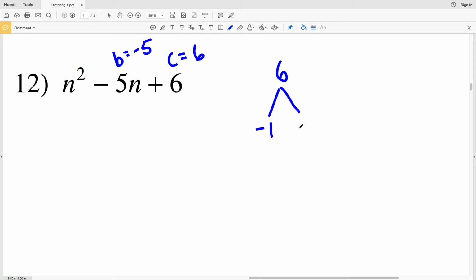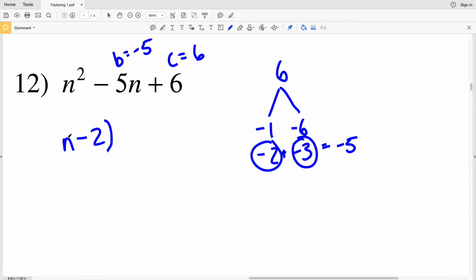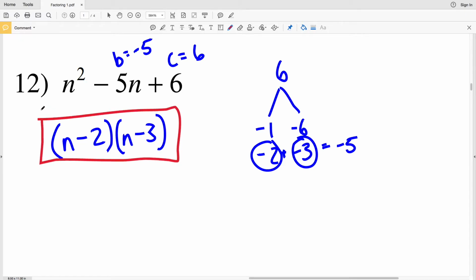So negative 1 plus negative 6 will not give us negative 5. Negative 2 plus negative 3 will indeed give us negative 5. So our numbers will be negative 2 and negative 3. So we'll have n minus 2, and then n minus 3. n minus 2 times n minus 3.